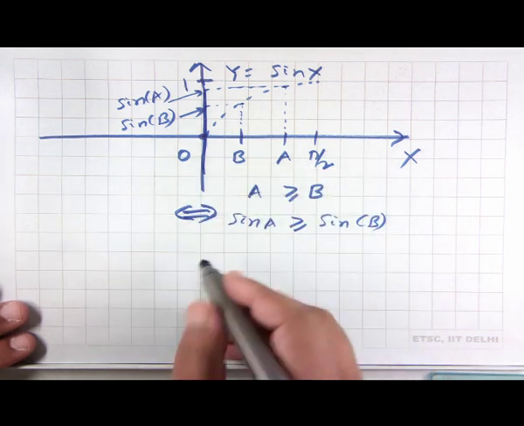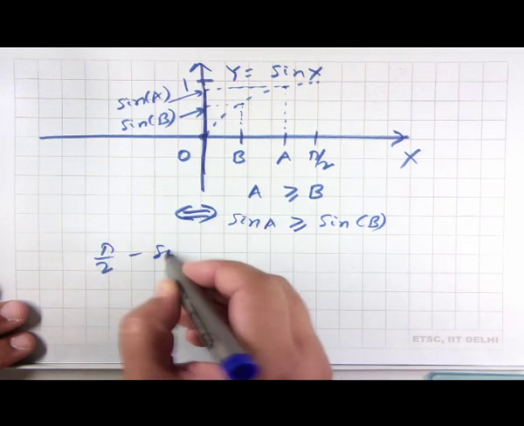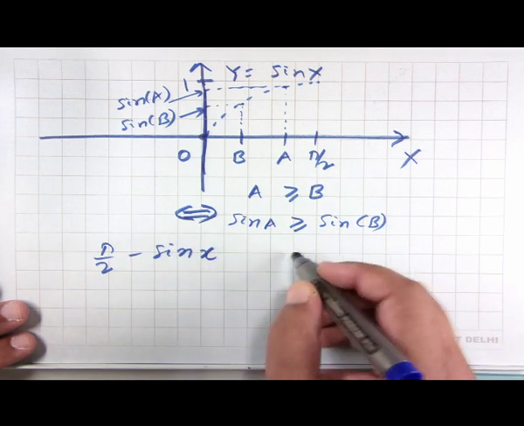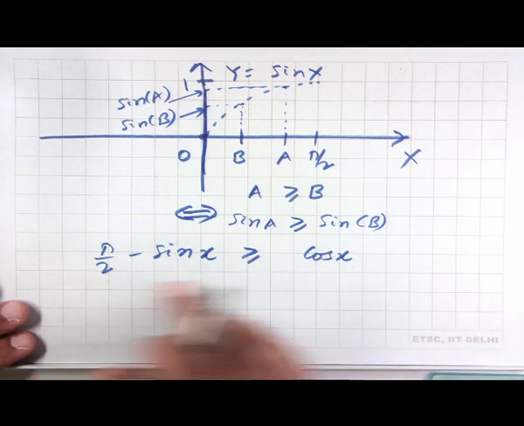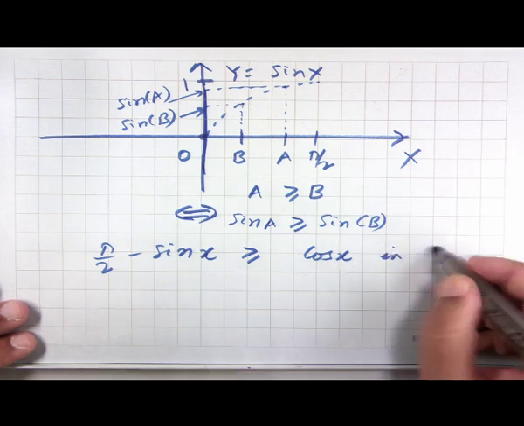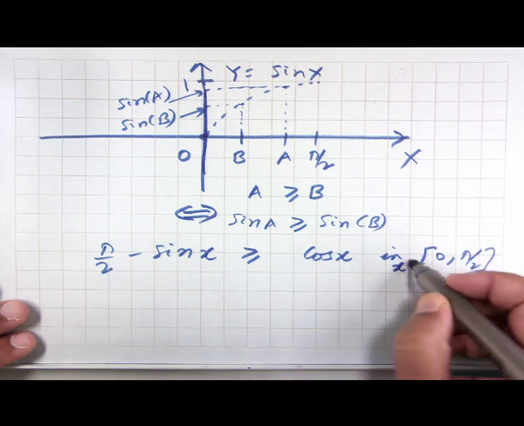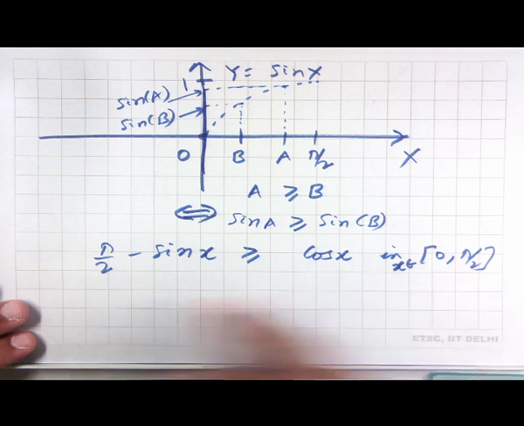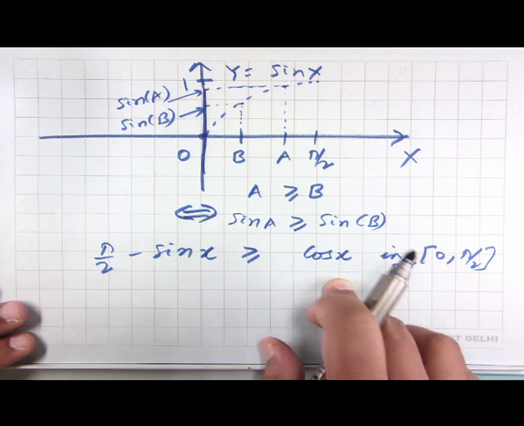Here, if you recall, A was pi by 2 minus sine x and B was cos of x. So, if we can show that this holds true in the interval x belonging to 0 to pi by 2, that will solve the problem, right.